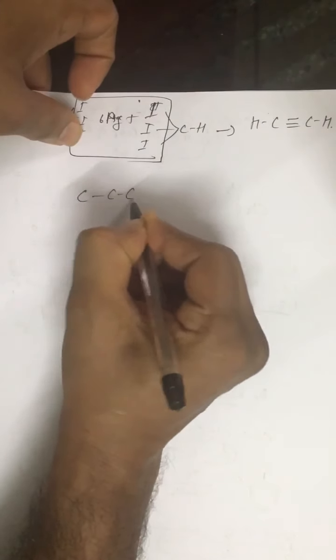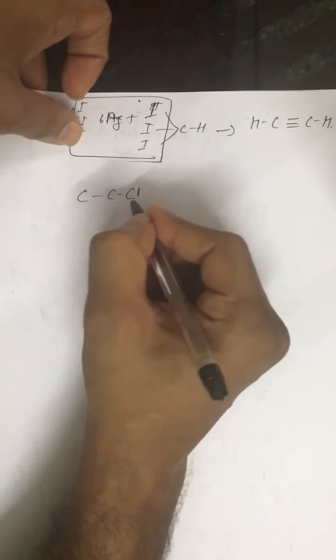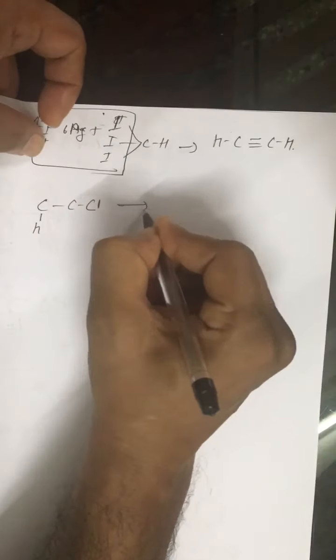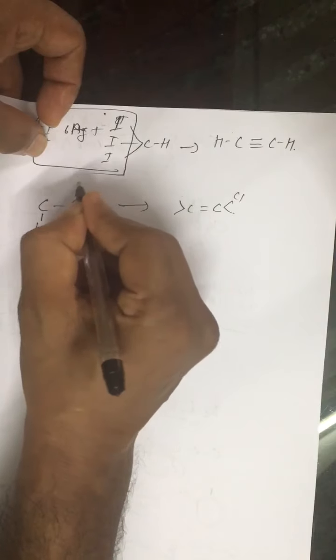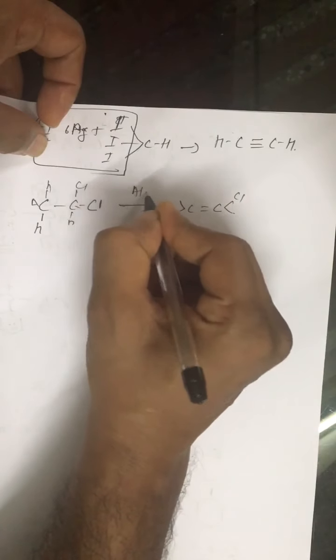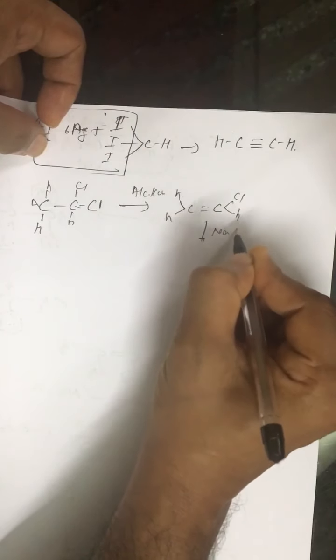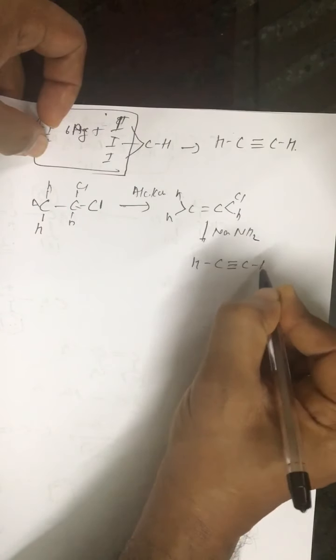Alright. Or by dehydrohalogenation, you can use 1,2-dichloroethane. If it is treated with alcoholic KOH first, in the first step you get this product, and then we use sodamide, NaNH2, and again dehydrohalogenation will take place, and finally we get acetylene.